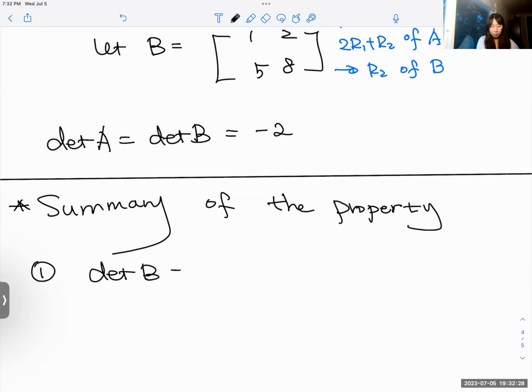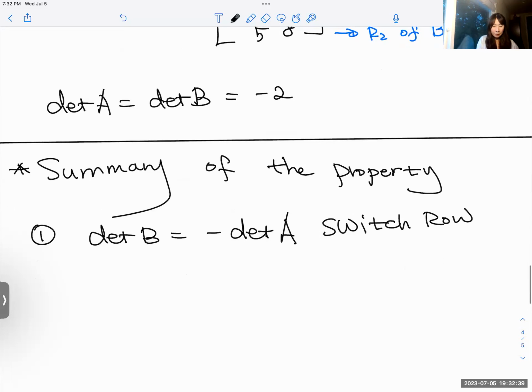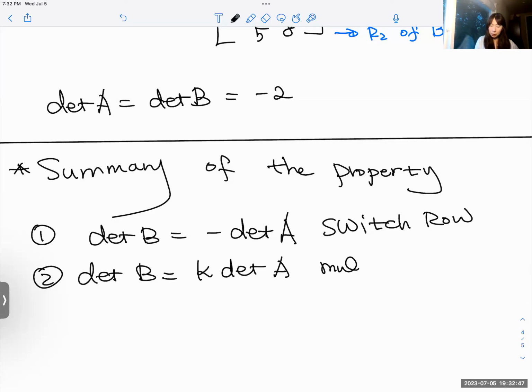The determinant of B is negative the determinant of A, switching rows. And the determinant of B equals K times the determinant of A, multiplied by a scalar.